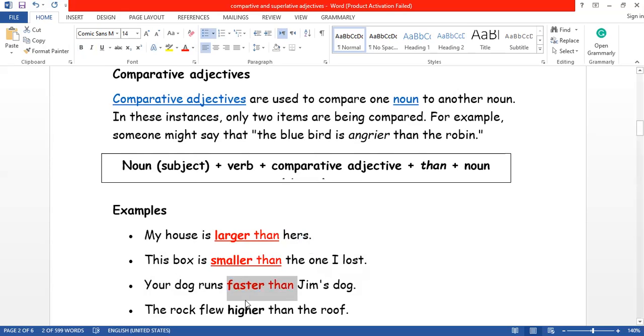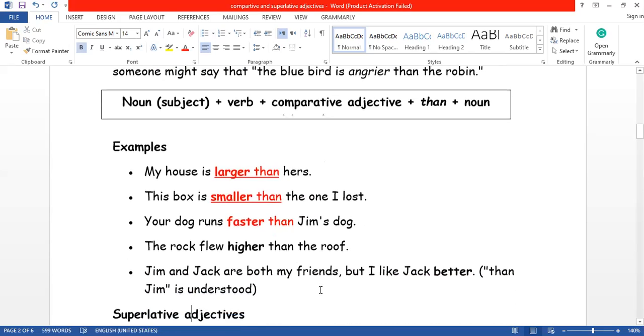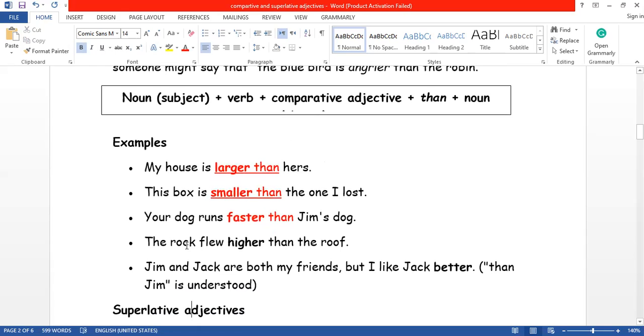Faster is the comparative adjective. Focus, we are comparing between two things, two nouns. Here, the same: the rock flew higher than the roof.